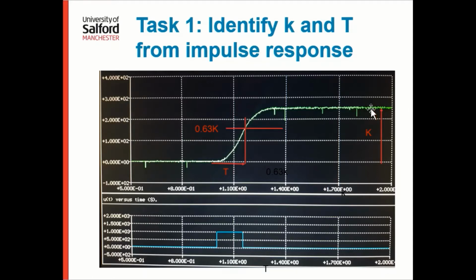I'm going to make an educated guess, it's about 250. If I then take 63% of that value, draw a line along here, that's 0.63k, I can draw a line down there, and that gives me this distance here as T. This is almost exactly the same as this distance here. So it's looking promising now for working out k and T.